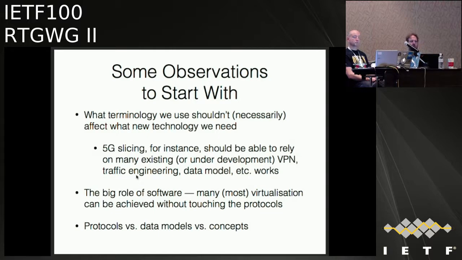I should also talk a little bit about the different kinds of technical details here. It's important to separate what we have in protocols. Sometimes we have capabilities, like creating a virtual private network on top of some existing data plane. Sometimes you have descriptions of virtualized networks as data models.